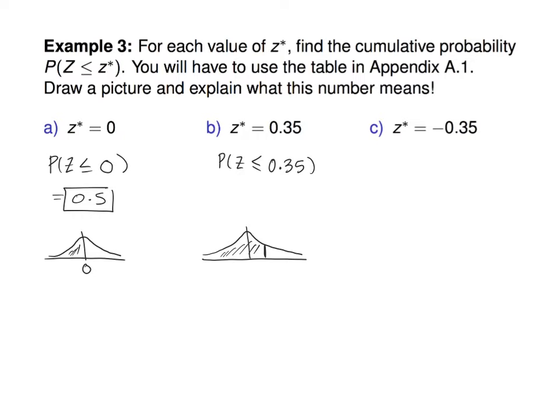And then how do you think you get the 0.05? You go over until the column says 0.05. It might be useful to have a note card so you can keep track of where you are. But you should get 0.6368. So over from 0.3, down from 0.05 gives you the area under the curve to the left of 0.35.